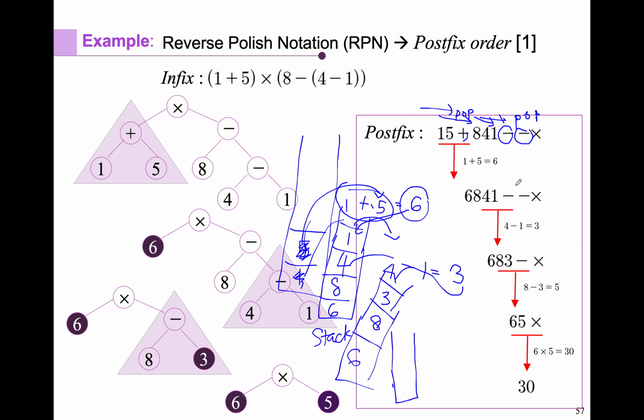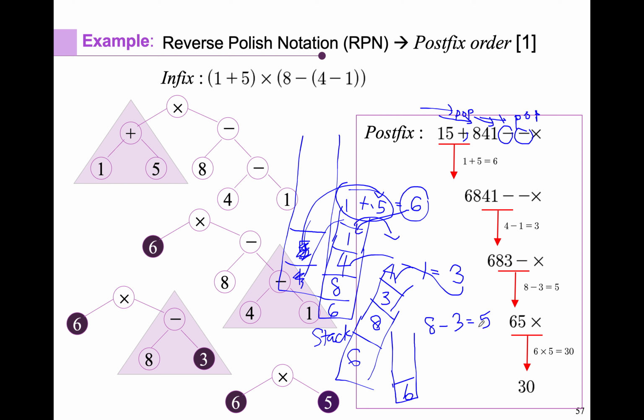And your pop operation is minus. You will pop the 3. You will pop the 8. And 6 will still remain there. This one will be getting as 5.